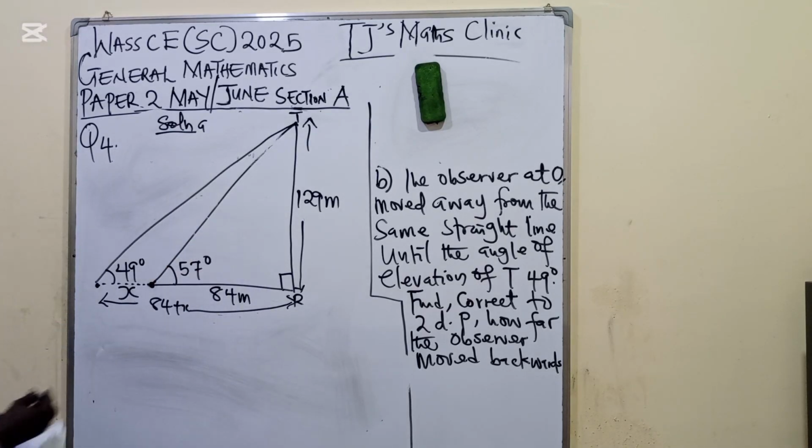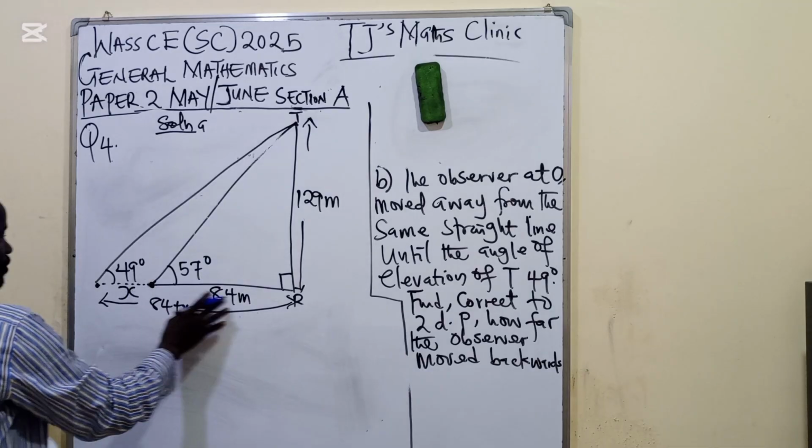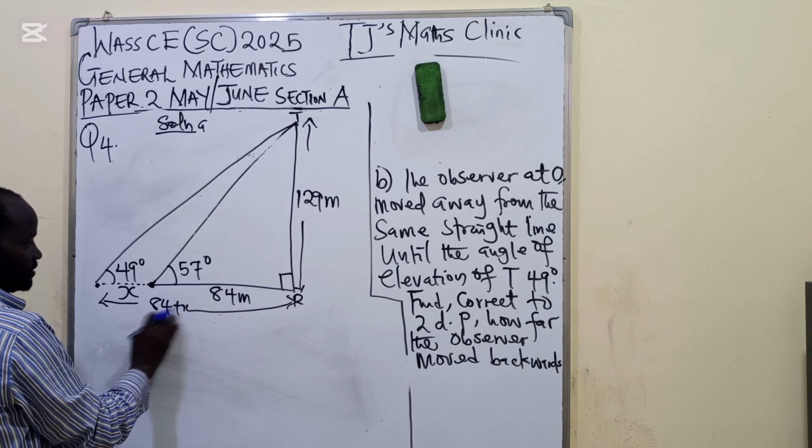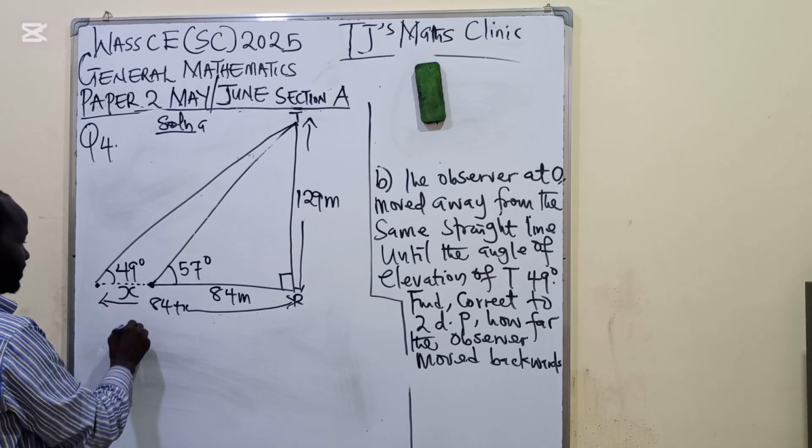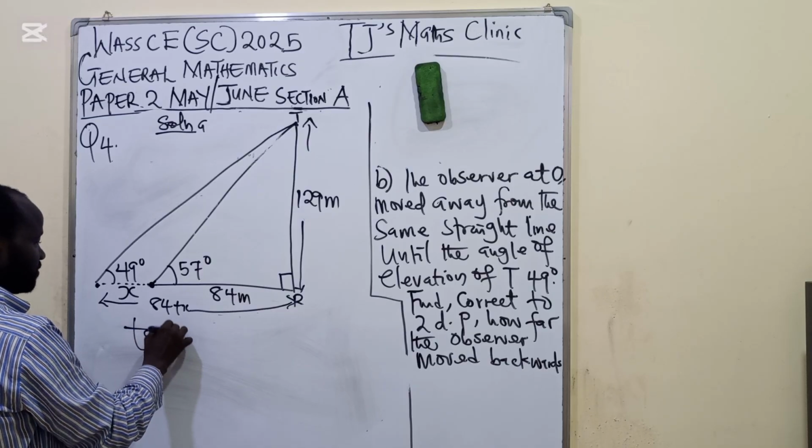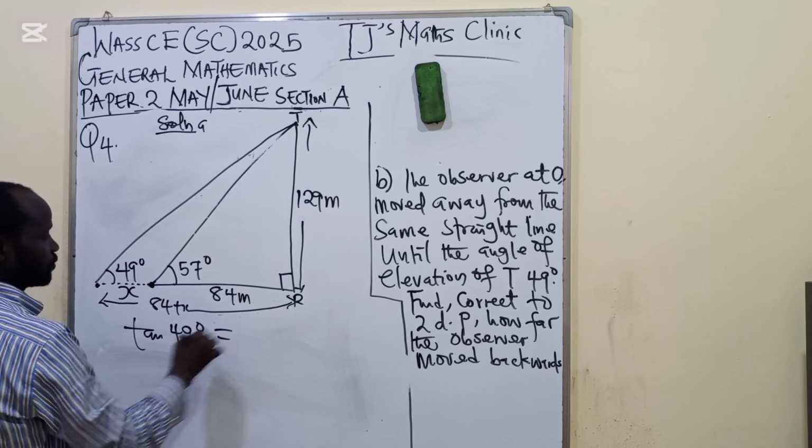And if we look at this drawing, we have two right angle triangles. Very important. Let's check what we can do. The entire distance here is x plus 84, so we can use tan again. We can say tan 49 degrees, tan is opposite over adjacent.